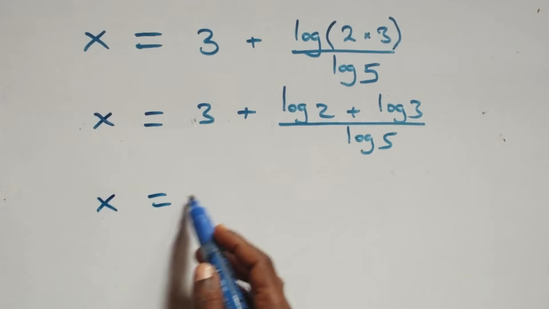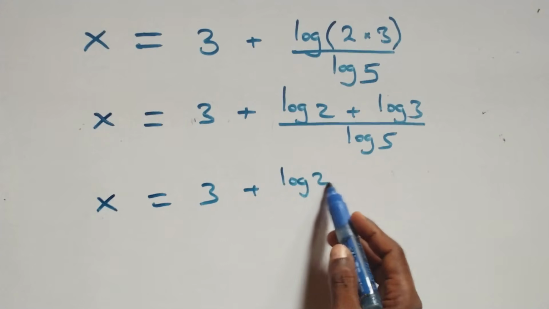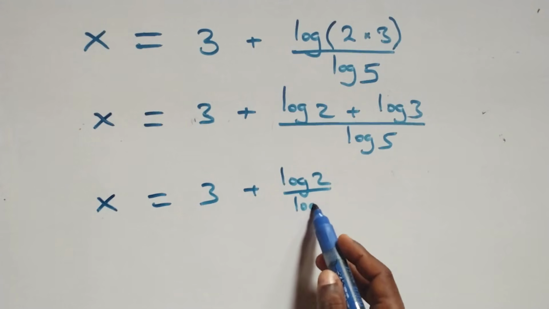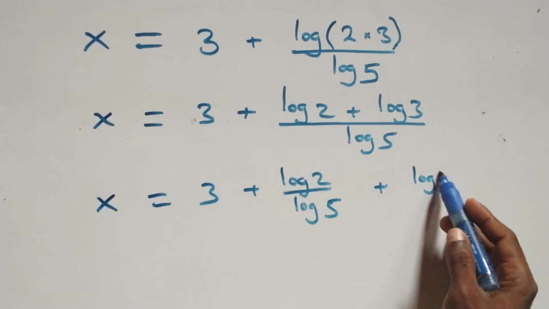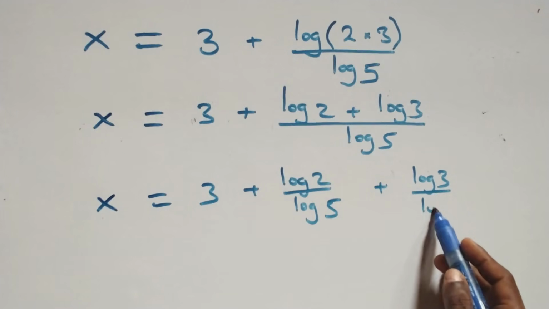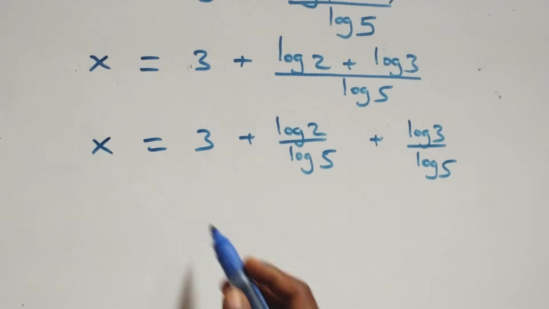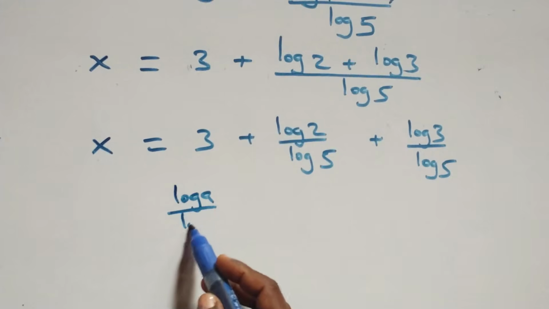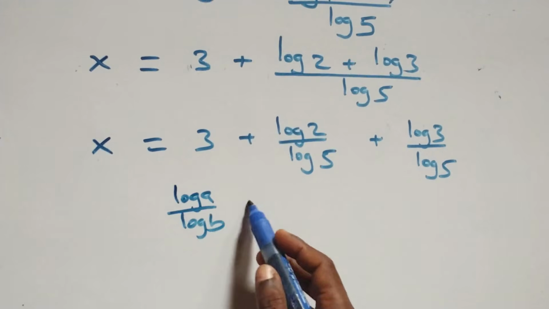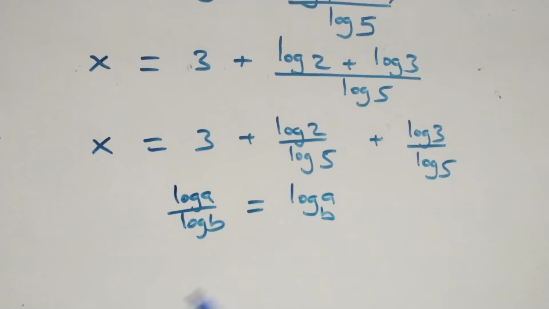We have x equals 3 plus log 2 over log 5 plus log 3 over log 5. Then here we apply change of base: when we have log a over log b, this is the same thing as log a to base b.